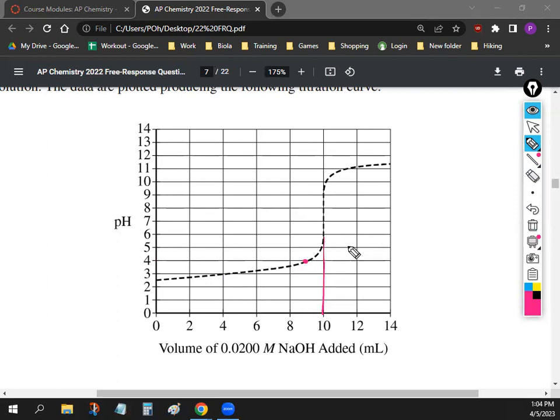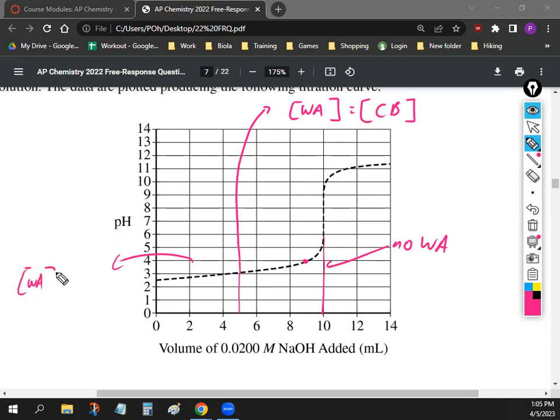At pKa, halfway to the equivalence point, the concentration of the weak acid is equal to the concentration of the conjugate base. Before pKa, you have a higher concentration of weak acid relative to the conjugate base.